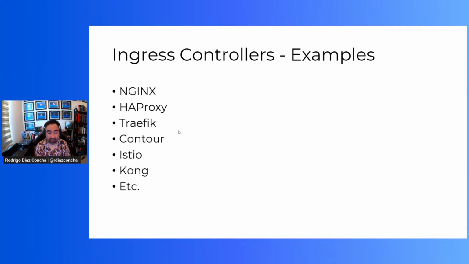HAProxy, Traefik, Istio, Kong, Contour, what have you. So it depends on your particular technical skills, and maybe the current investments that your company has on a particular brand of things, right? In this session, I'm going to use Nginx because that's an open source Ingress controller, and it's very powerful and very easy to use.